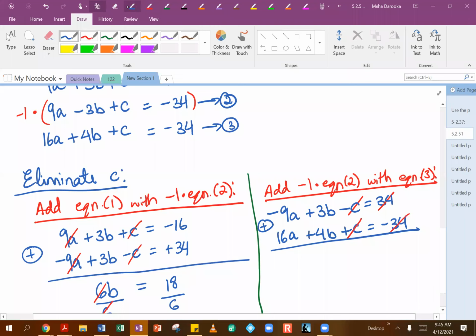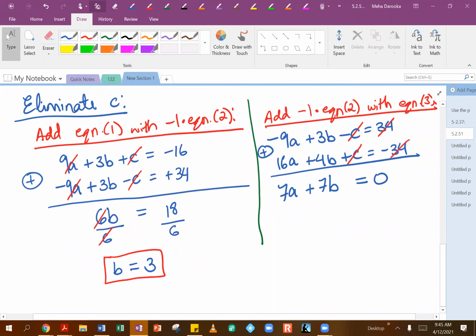So this will leave us behind with 16 minus 9. So what will that be? 7A plus, let's see, 3 plus 4 will also be 7. So 7B equals, C is gone, this side is gone, so that equals 0, which is okay. So you have 7A plus 7B equals 0.